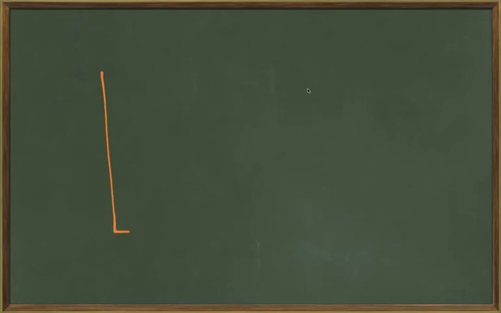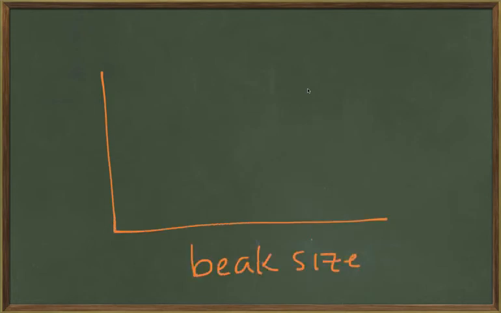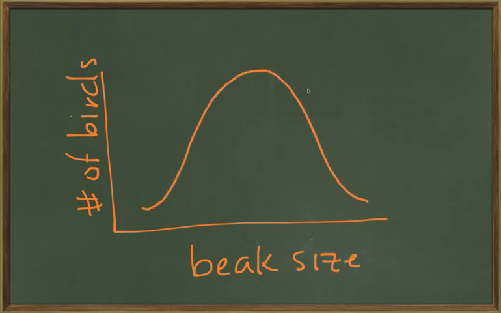For this one, say we went back to beak size, and then up my y-axis would be the number of birds again. So nothing's changed from that very first graph that I did. For this one, you're still going to have the exact same bell curve, starting out with this.